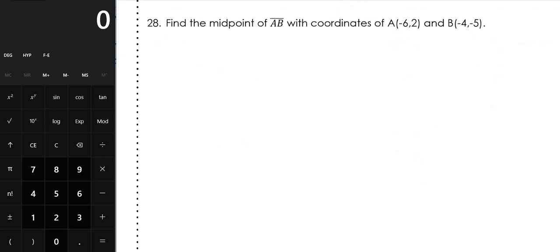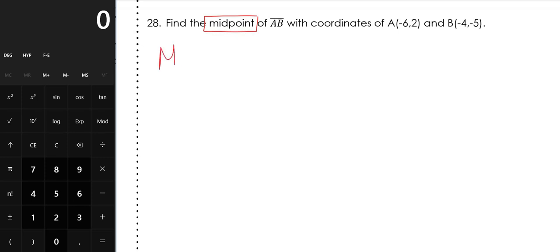Number 28. Find the midpoint of line segment AB with coordinates of A at -6, 2 and B at -4, -5. Okay, now we can grab a piece of graph paper, but let's just do it the old-fashioned way with our midpoint formula. It says find the midpoint. You've already written this on the back of your packet. It's something you have to memorize.